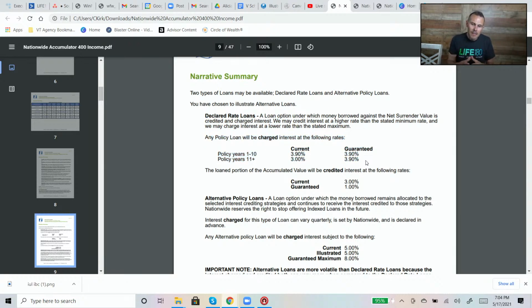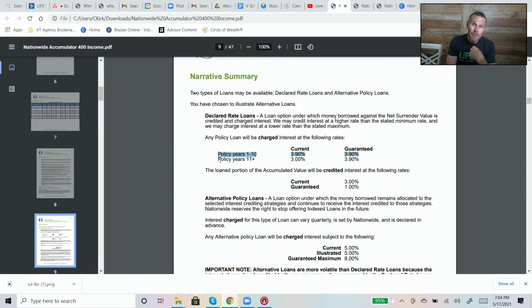They're saying any declared loan rate, because it's basically a wash loan, is going to be charged a guarantee of 3.9% for the first 10 years, 1 through 10. You're going to pay 3.9% for a loan rate. It will go no higher than 3.9%. Here's where I think it gets really shady.